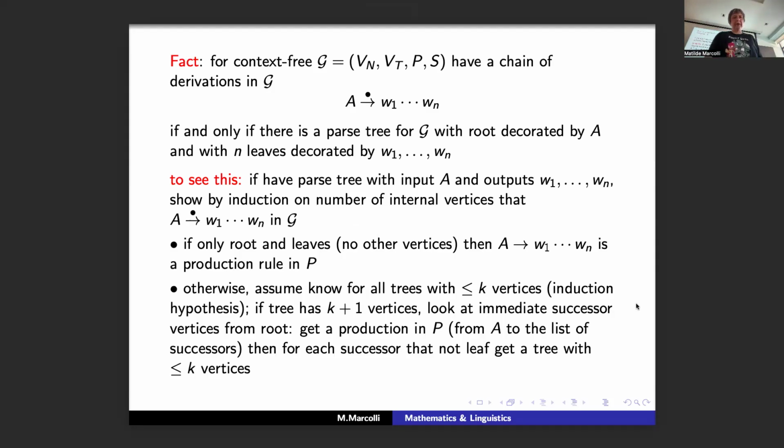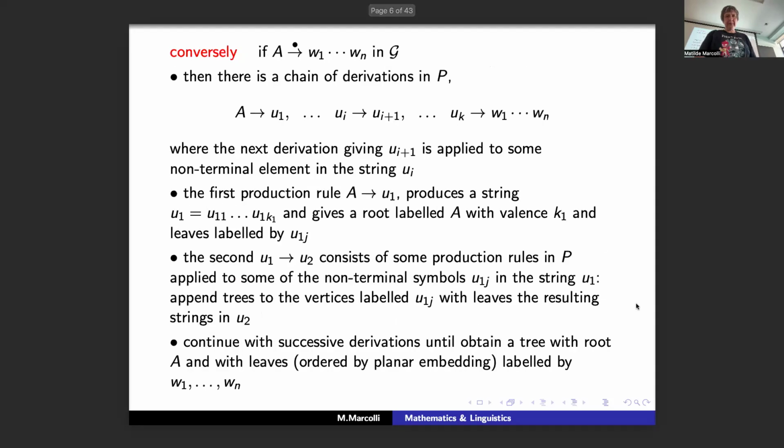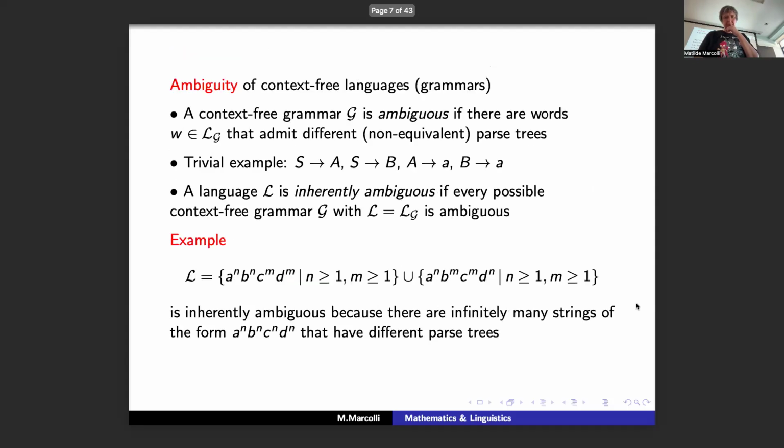If you have a parse tree, you can read off what the derivations are, which vertices are below as the descendants of a given one, and from the root to the leaves you get the entire string. So this is a simple correspondence.